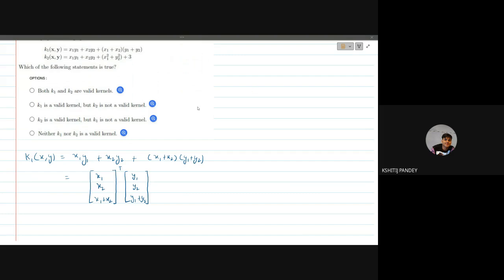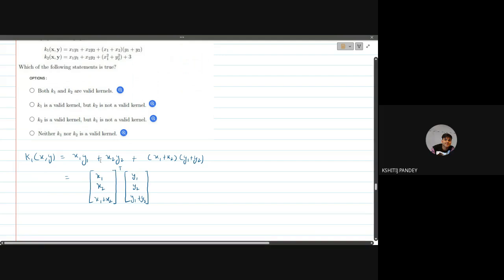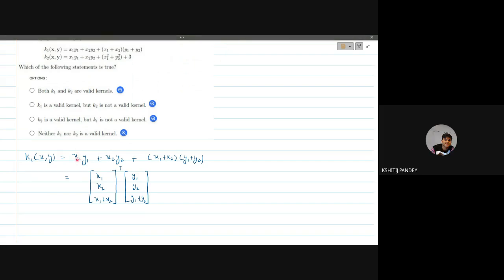Is this clear? Is my screen visible or not? Yes, but how did you do this split? Okay, just look at the function. This is an x term, this is an x term, and this is an x term here, and we are multiplying them with y terms, correct? So make a vector of x components and a vector of y components. If you take the dot product, you will get this.